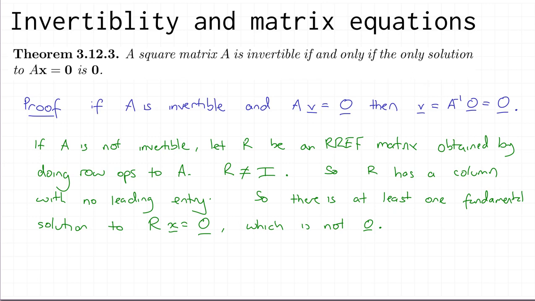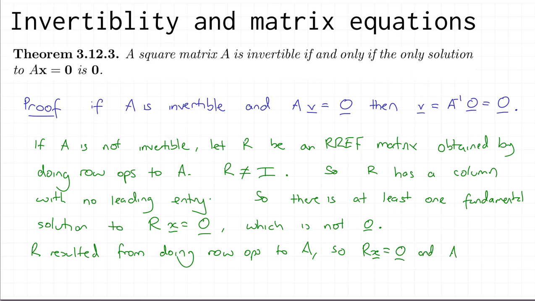So Ax equals 0 and Rx equals 0 have the same solutions because R resulted by doing row operations to A. So this fundamental solution, which was not 0, is also a solution to Ax equals 0. So Ax equals 0 has a non-zero solution.